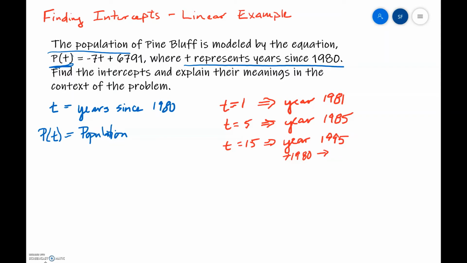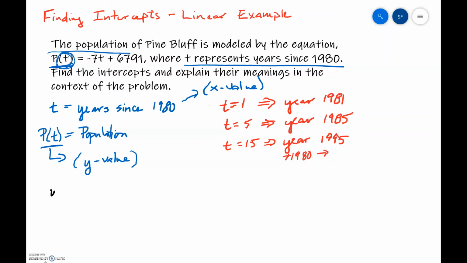The thing inside the parentheses is our x value, so t is our x value. And P of t, remember, is a fancy way of saying y, so that's our y value. Okay, let's go ahead and find our intercepts now.